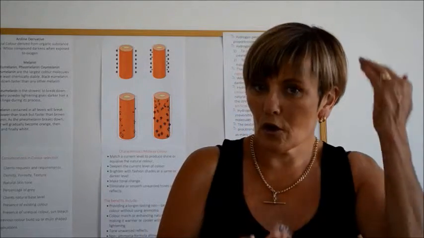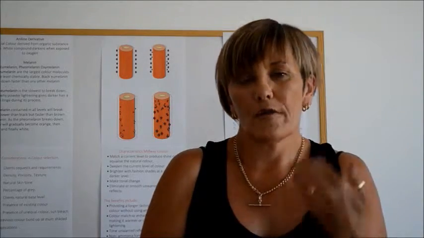So just recapping, a retouch is applied to the natural hair. There'll be an existing colour on the mid-lengths and ends, or the area that has already had colour, and you're matching the colour on the area that is virgin hair or natural hair. A full head colour is applied from roots to ends, but with any of your fashion shades, you need to be careful that you're not going to get that root glow or that glow at the scalp caused by heat in the application.